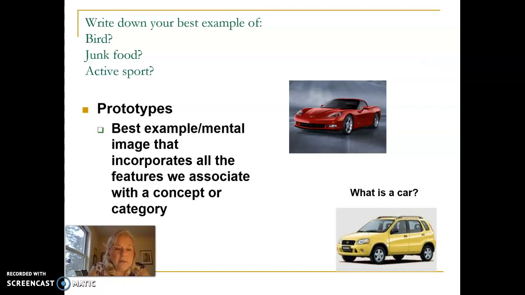Our prototype is our best example or mental image that incorporates the features we associate with a concept or category. I doubt when you thought of bird that any of you wrote down ostrich or penguin, because these do not have some of the features we associate with the concept of bird, which is to fly.